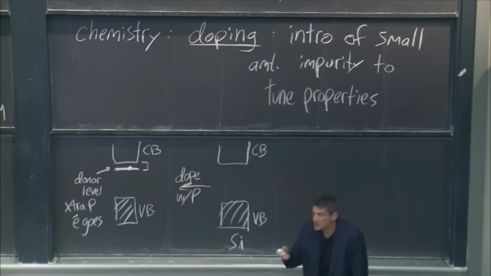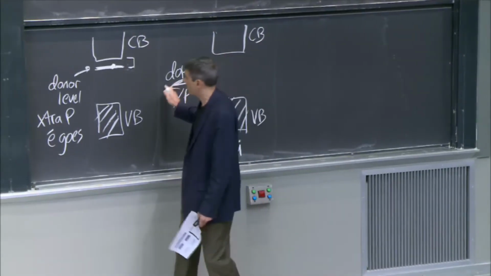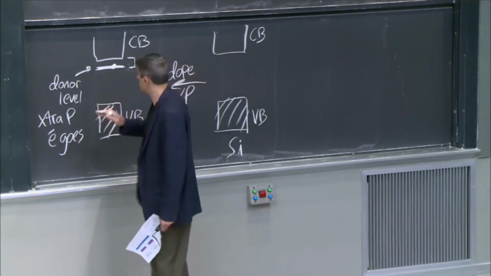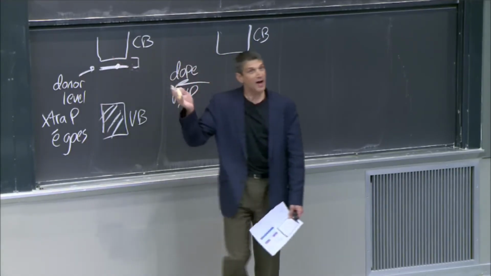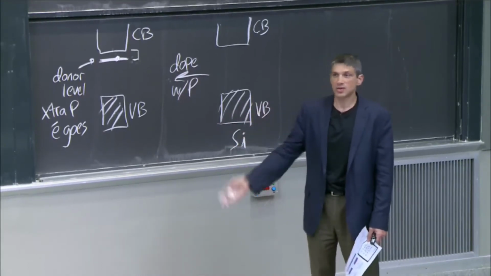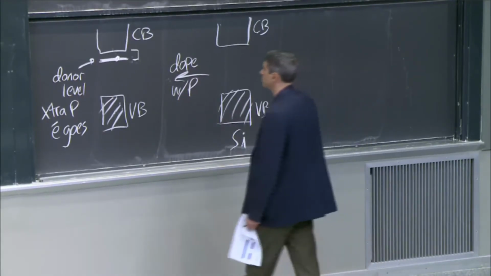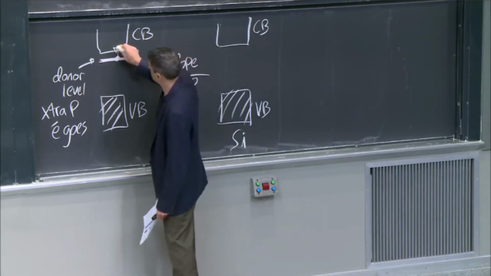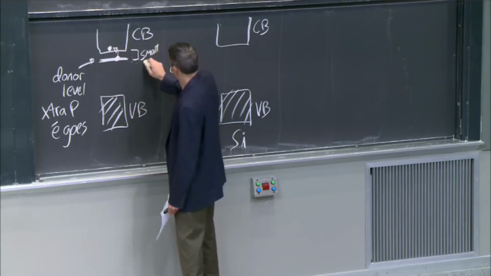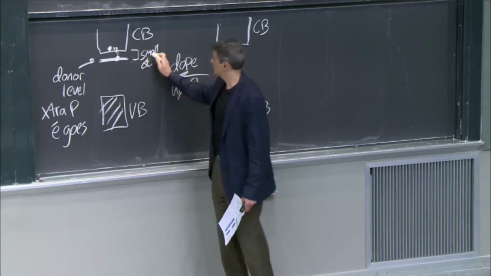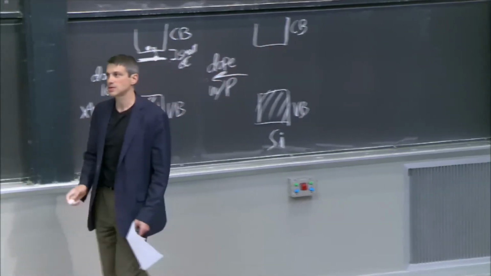I've engineered it this way. I've thought about this. So if I put phosphorus in here, that extra electron isn't sitting far away anymore from the conduction band. In fact, now it's so close that room temperature just kicks it right on up. So effectively, it's going to go up here because that's a small delta E between the donor level and the conduction band. This is how doping works.